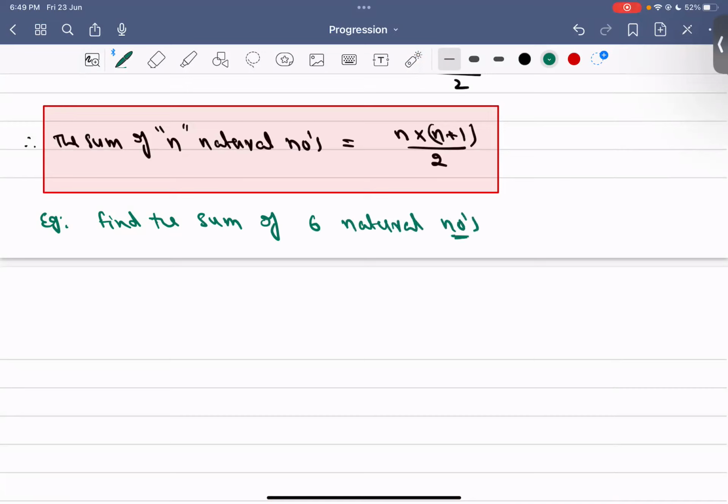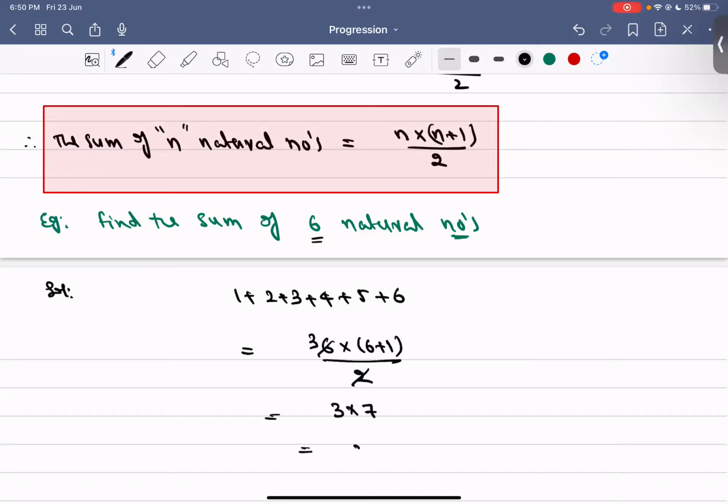Solution: the question is 1 plus 2 plus 3 plus 4 plus 5 plus 6. If you use the formula directly, n is 6, so 6 into 6 plus 1 by 2. That is 3 into 7, which equals 21. This is the sum of 6 natural numbers.